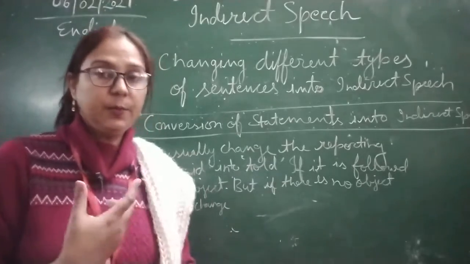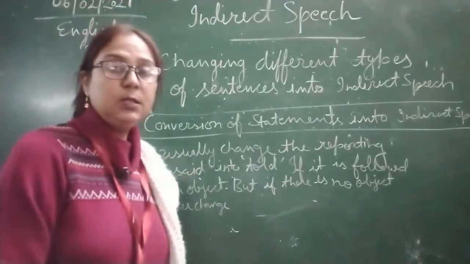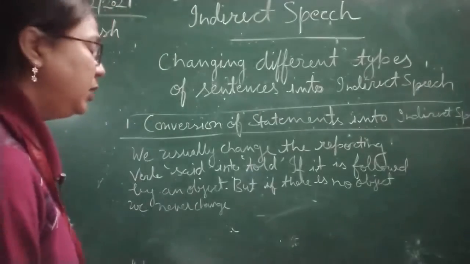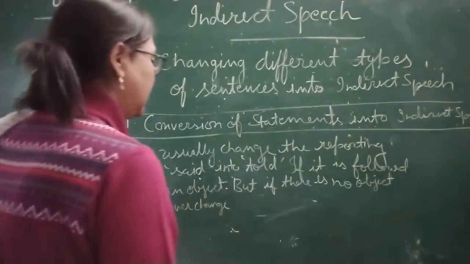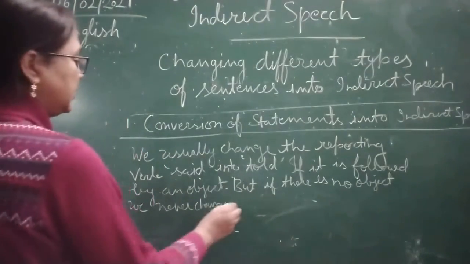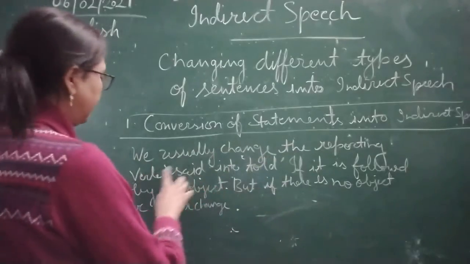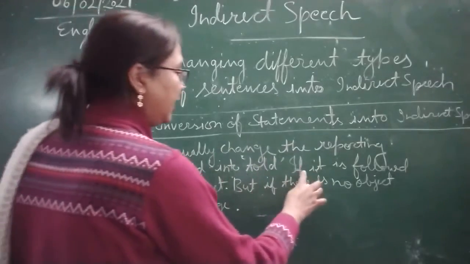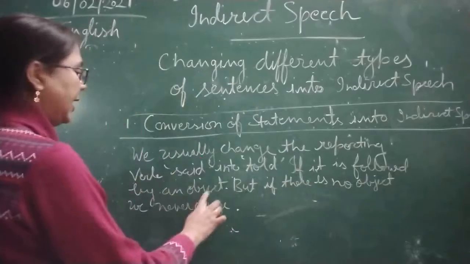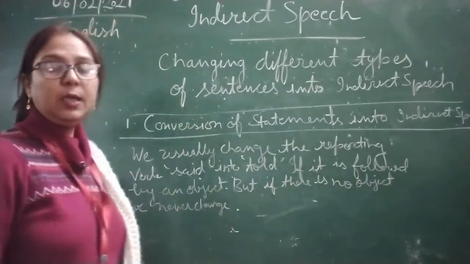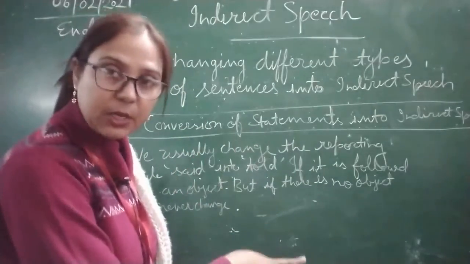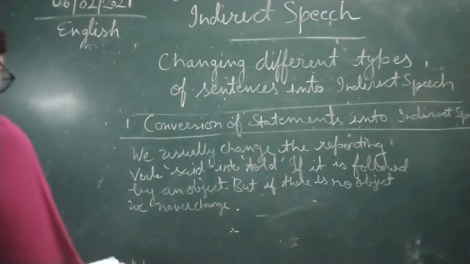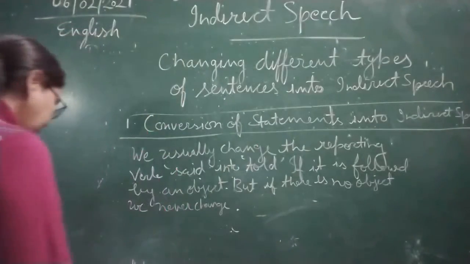Okay children, this is the difference between reporting verb and reported speech. We change said into told if it is followed by an object. Children, this is very, very important for you.